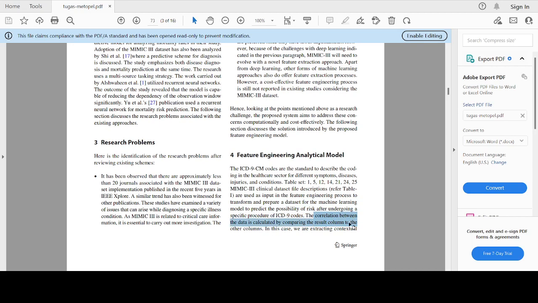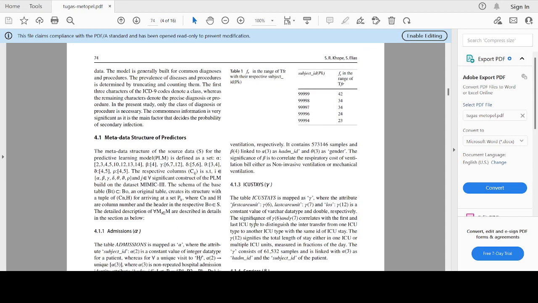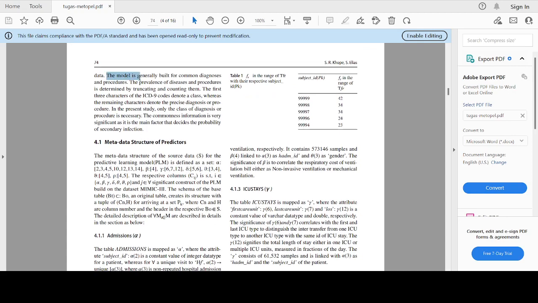The correlation between the data is calculated by comparing the result column to the other columns. In this case, we are extracting contextual data. The model is generally built for common diagnoses and procedures. The prevalence of disease and procedures is determined by truncating and counting them. The first three characters of the ICD-9 codes denote a class, whereas the remaining characters denote the precise diagnosis or procedure.